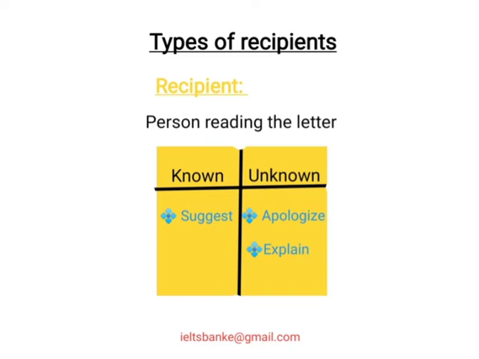So if your recipient is known, you could see such keywords as a suggestion, which will tend to point to the fact that the letter is a kind of semi-formal letter. And if the recipient is someone who is unknown, certain keywords that will point you to identify the kind of recipient for your letter will be, for example, apologize or explain.